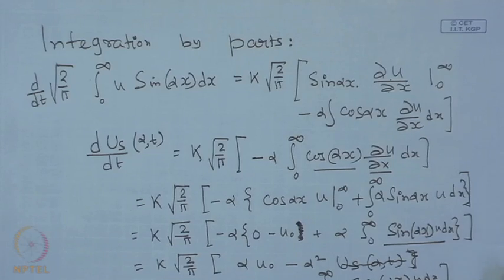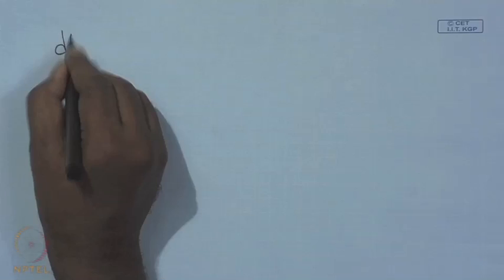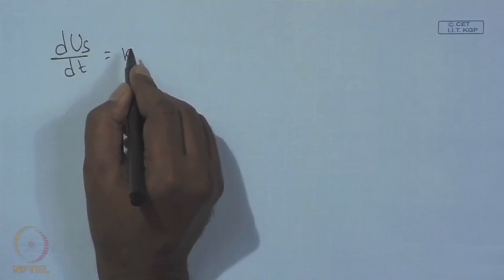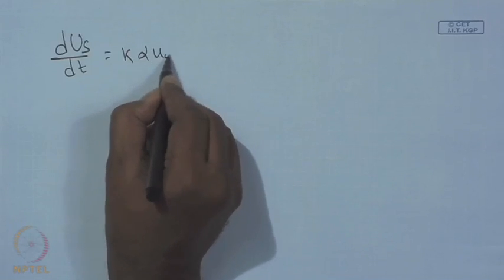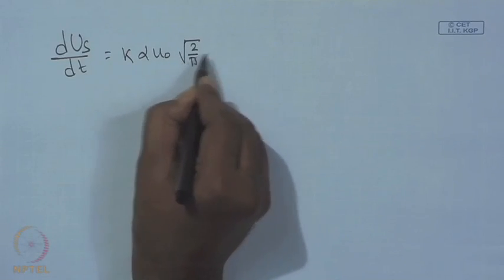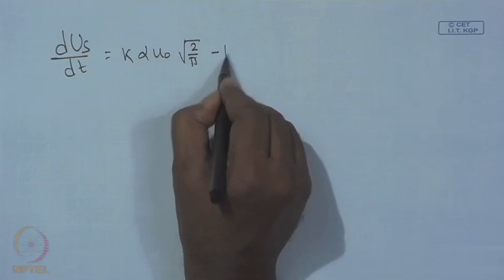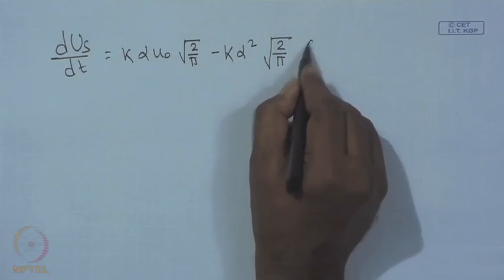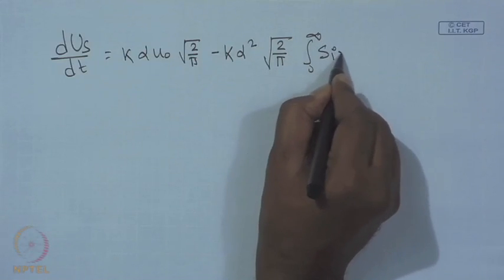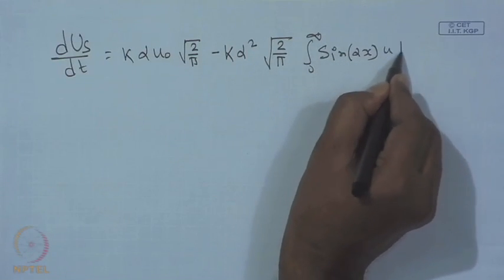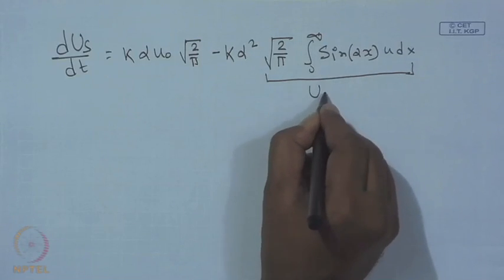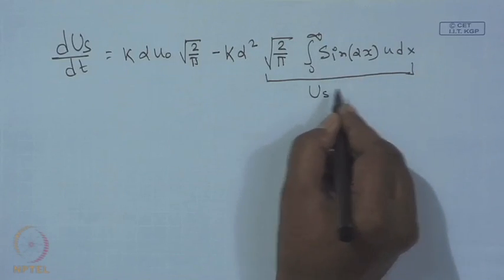Let us write it neatly. So, d u s dt is nothing but k alpha u naught root over 2 by pi, minus k alpha square root over 2 by pi, integral 0 to infinity sine alpha x u dx, and this whole term is nothing but the Fourier sine transform of u.